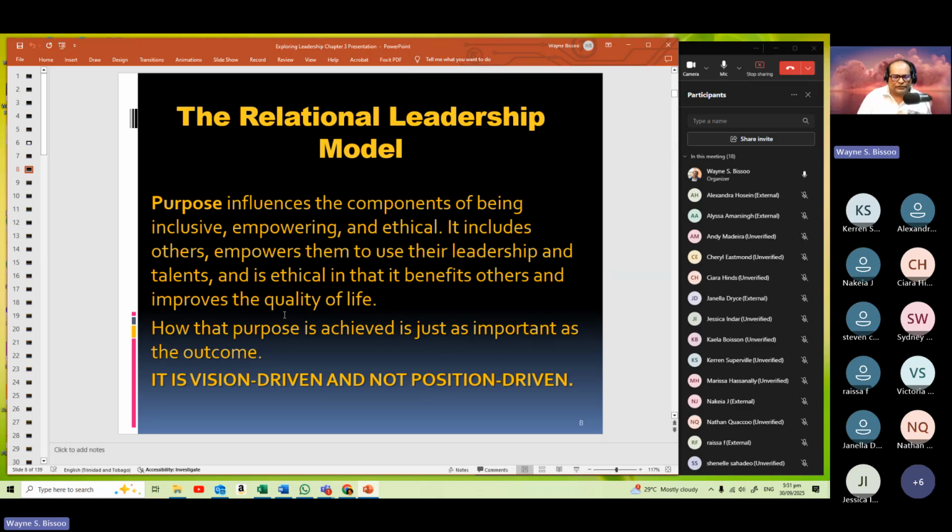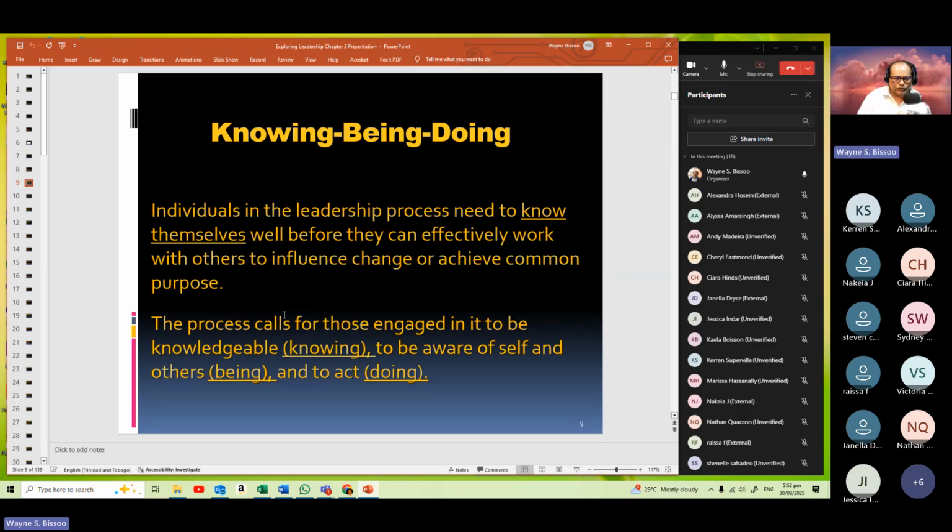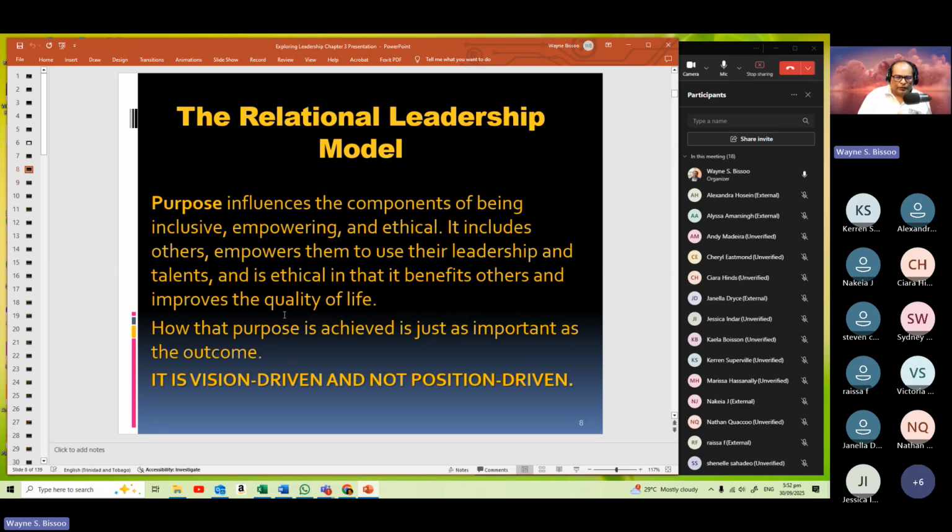And what's the difference? The difference really has to do with where the idea comes from. Is it the organization that agreed to a vision, or is it a person sitting in the position that's driving the organization? Now, this is important for us to understand.